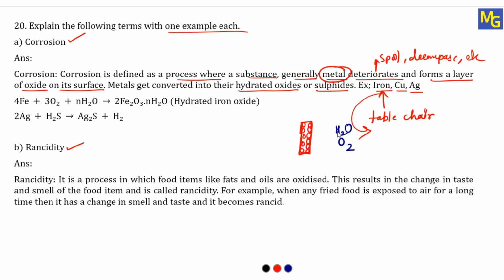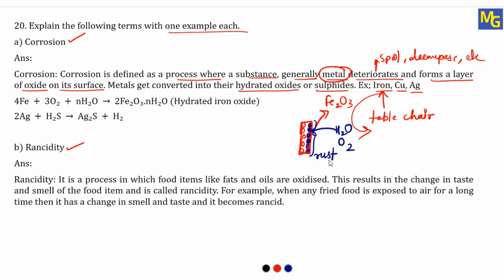This combines with these iron atoms and the iron atom gets converted into iron oxide, that is Fe2O3. So this iron atom gets converted into iron oxide, then the next gets converted into iron oxide, then the next, and the process continues. And due to this the upper layer of this article becomes rust, and this reaction is not reversible.